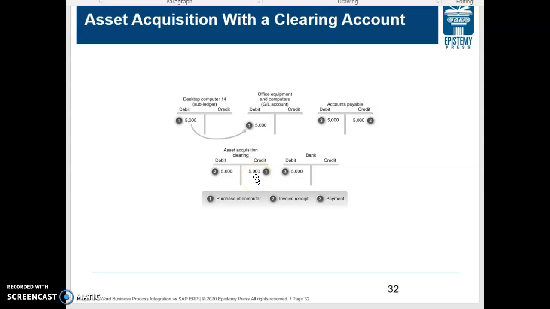Step 2, we receive an invoice from our supplier. So we would credit our accounts payable account, and we would debit our asset acquisition clearing account. And step 3, we would make payment. So we would credit our bank account, we would debit the accounts payable account, and that would be the asset accounting process.